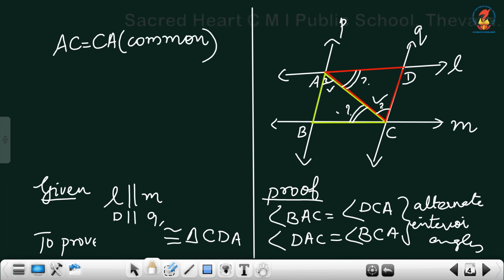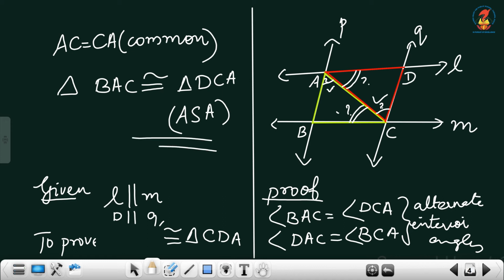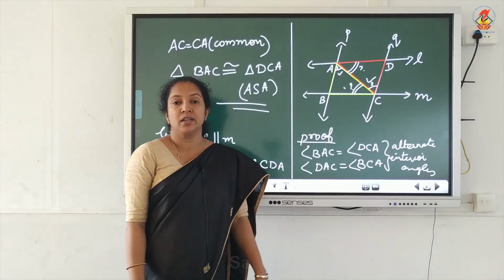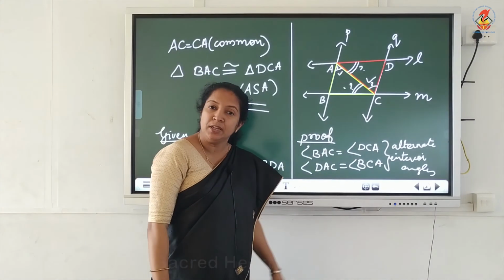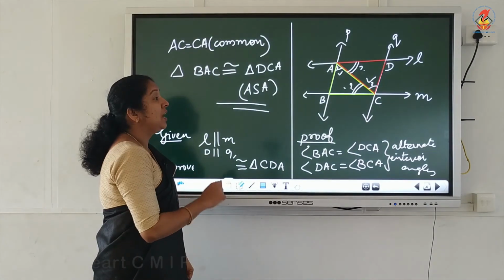So what we can say? Triangle BAC is congruent to triangle DCA using what? Using ASA criterion. This is what you have to prove. Here we have used the property of parallel lines, that is alternate interior angles are equal, and one side is common. So we have proved these two triangles are congruent using ASA criterion.